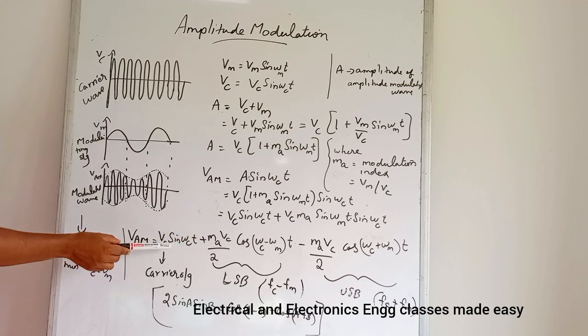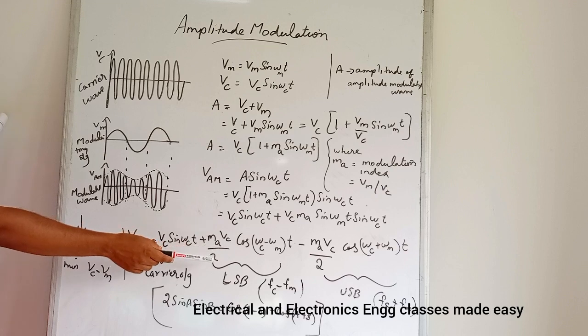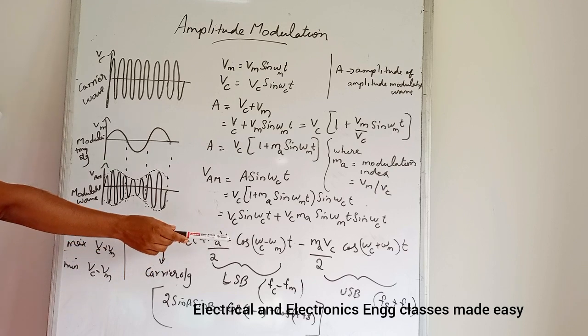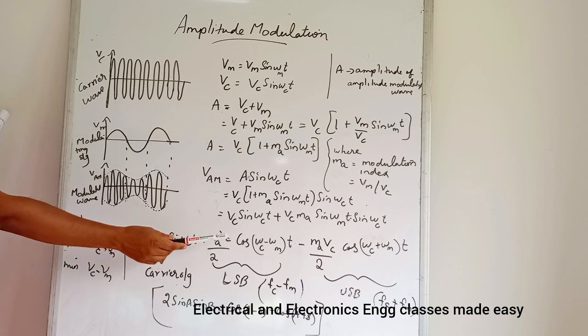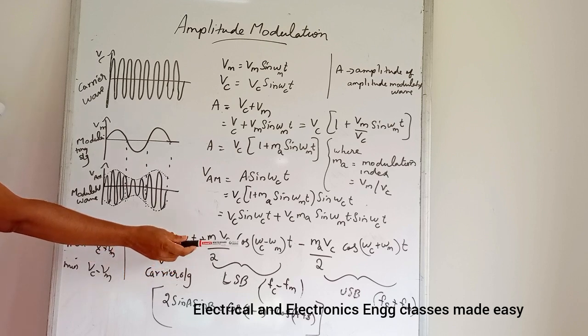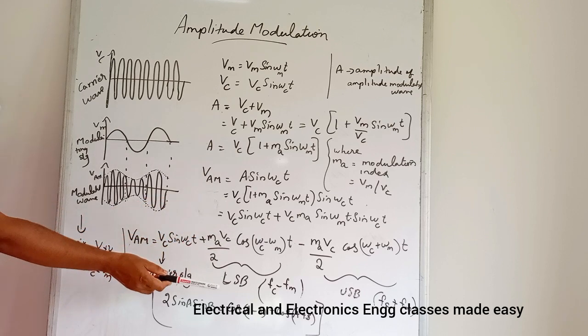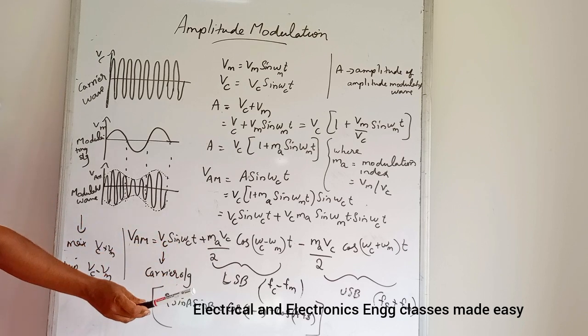They are, the first one is Vc sine omega ct, which is the original carrier wave, and the second term Ma Vc divided by 2 into cos(omega c minus omega m)t represents the lower side band of amplitude Ma Vc divided by 2 and frequency Fc minus Fm.